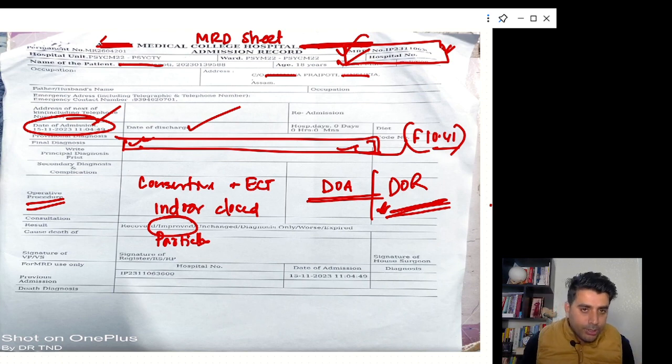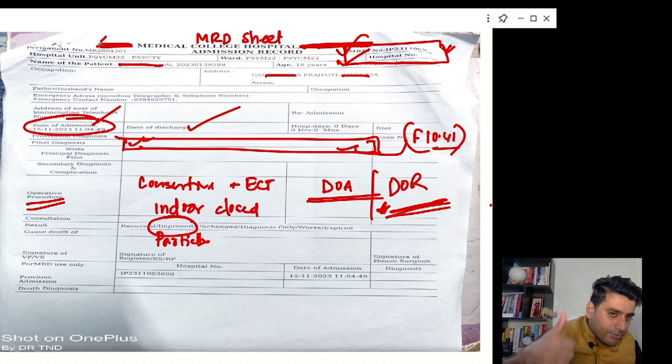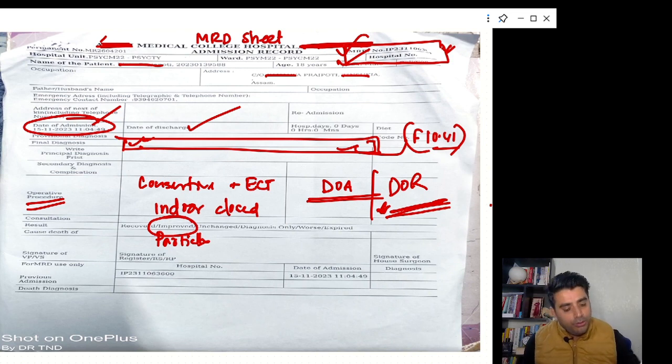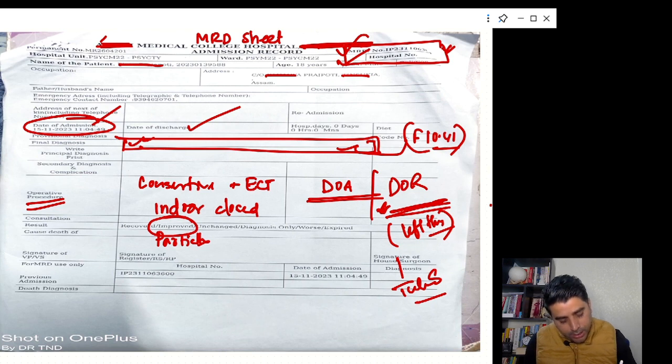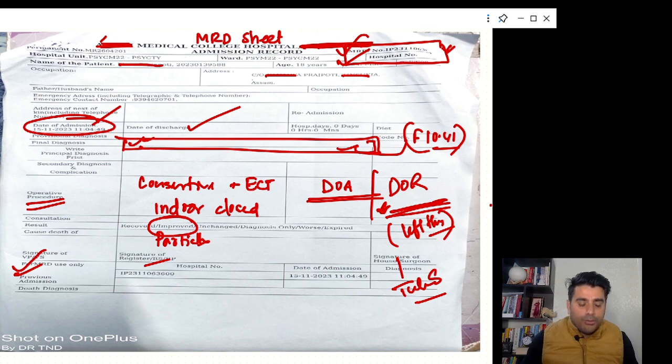If the patient is unable to put a signature, you need to take the left thumb impression, and you need to write that it is the left thumb of the patient. And this is all about the MRD sheet. Here you will put your signature. You have done a very beautiful job. Then there will be the signature of the registrar, and the signature of the VP. So this is all about the discharge certificate.